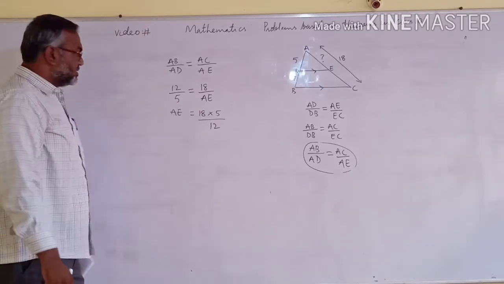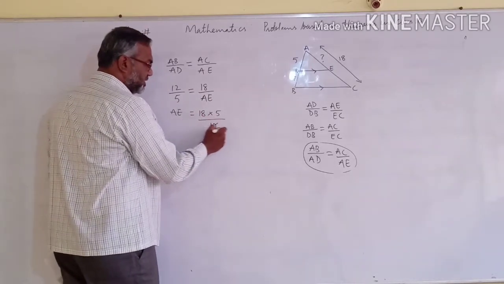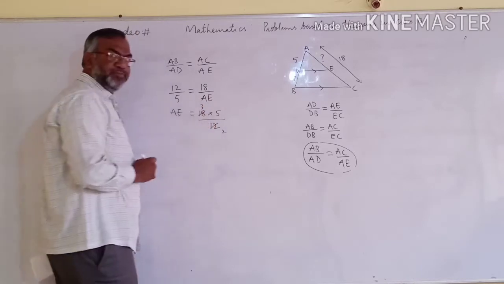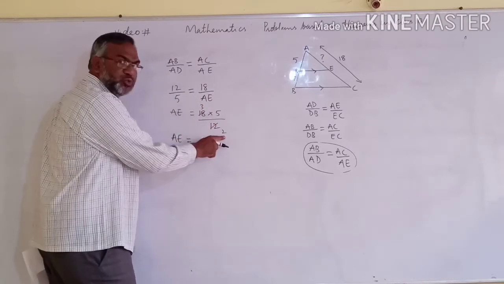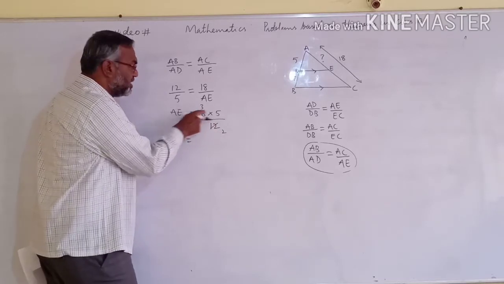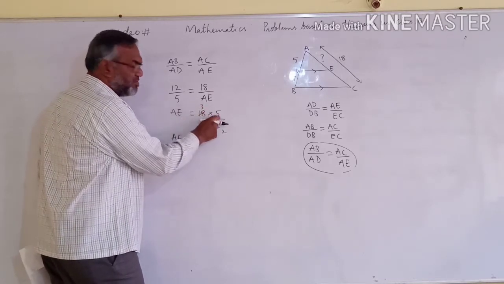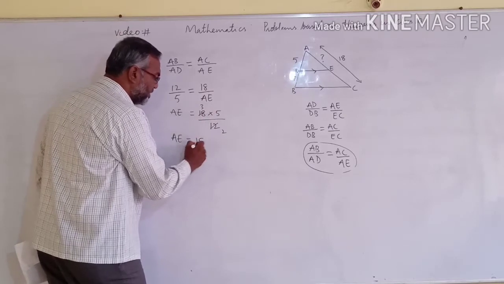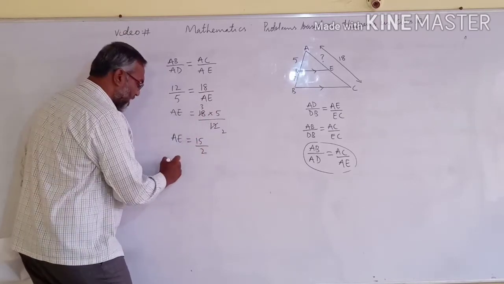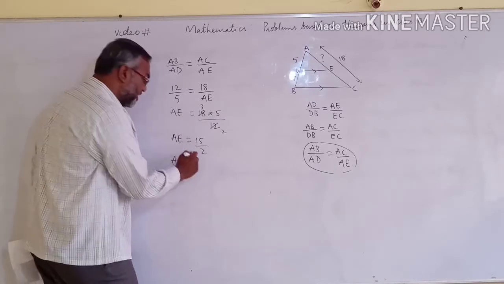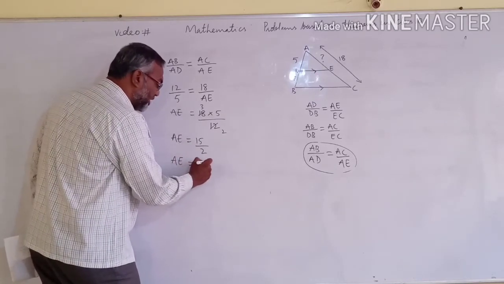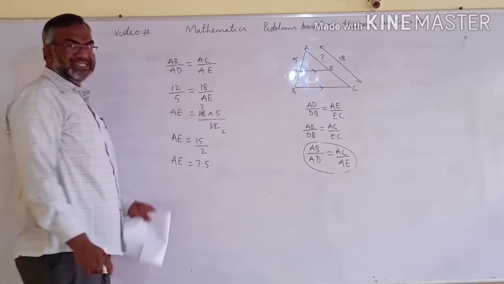Now we can simplify: 6 twos are 12, 6 threes are 18, and 3 fives are 15 divided by 2. So AE will be equal to 15 divided by 2, half of 15, that is 7.5 units.